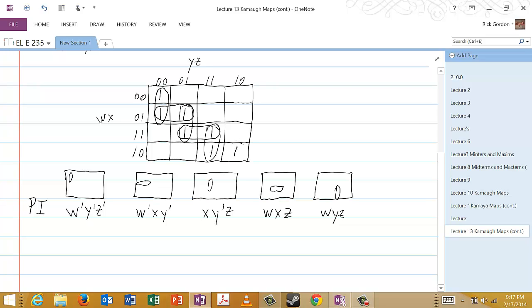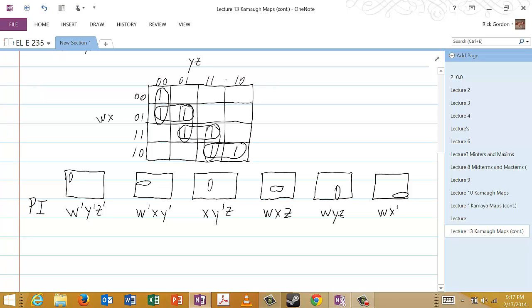And then we have one more prime implicant down here in the lower right hand corner. For that one, as we begin to try to name it, we see that W is constant equal to 1, X is constant equal to 0. So we have W X prime.